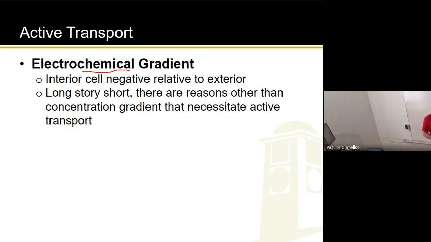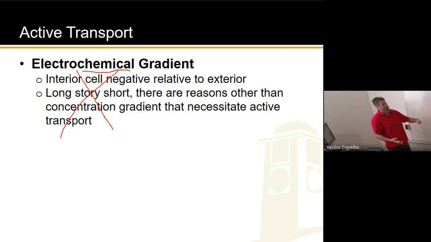You don't need to necessarily know this. I'm not going to ask you anything about this. But the point being, even if you're trying to get something into your cell, whatever this thing is, there's your cell, and you've got 10% in your cell, but it's also 10% outside, so it's isotonic, right? So when we talk about concentration gradient, there would be no need for diffusion.